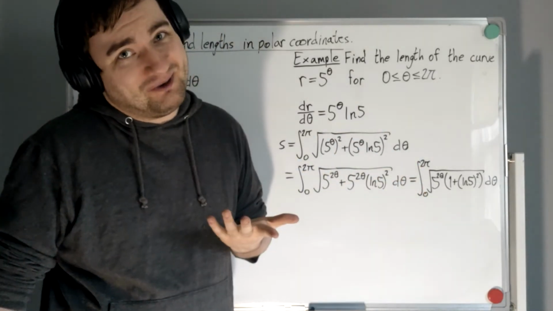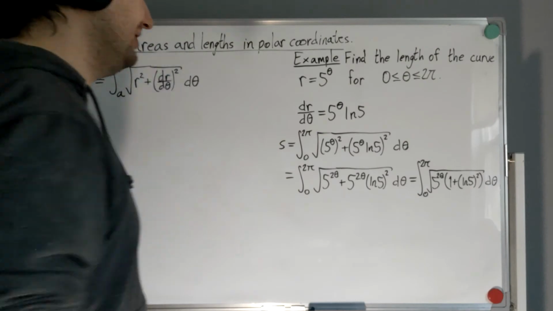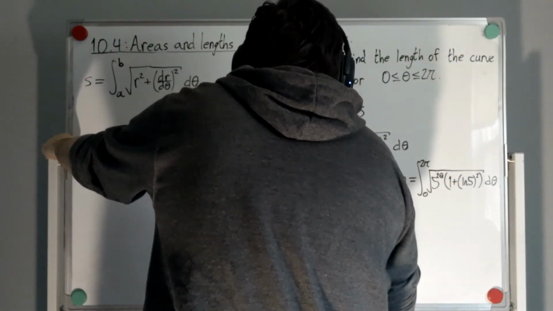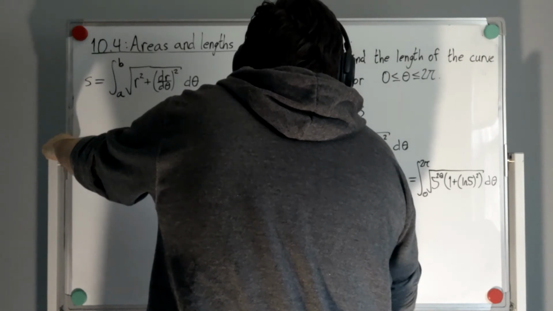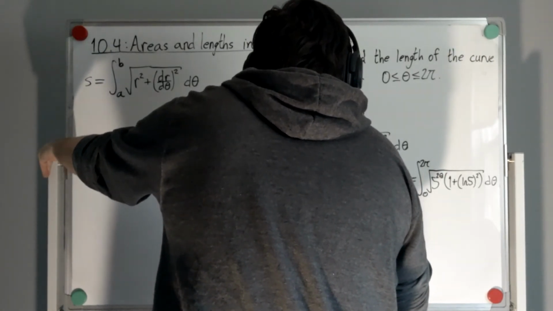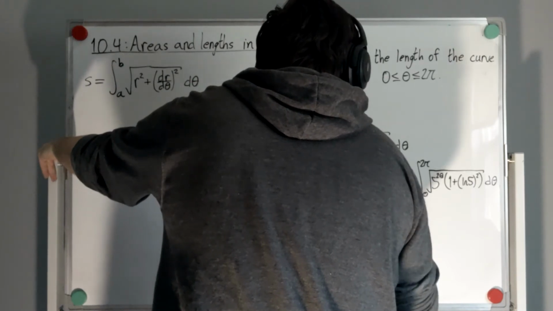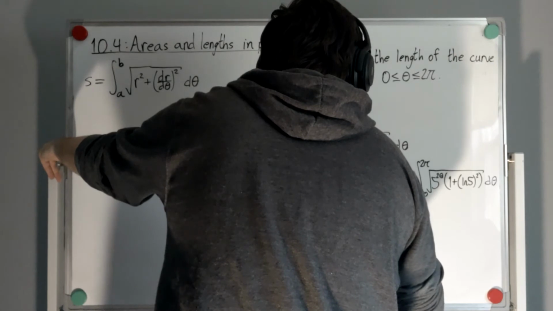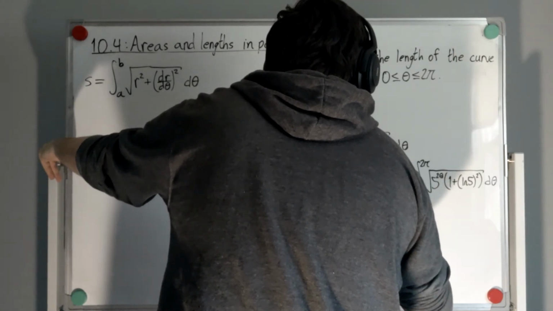In fact, it's positive everywhere. So we don't have to worry about any kind of absolute value shenanigans. So this just becomes the integral from 0 to 2 pi of 5 to the theta times the square root of 1 plus natural log 5 squared d theta.